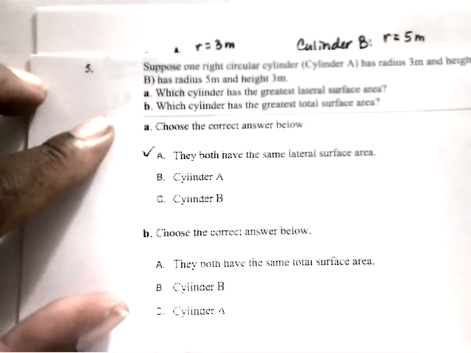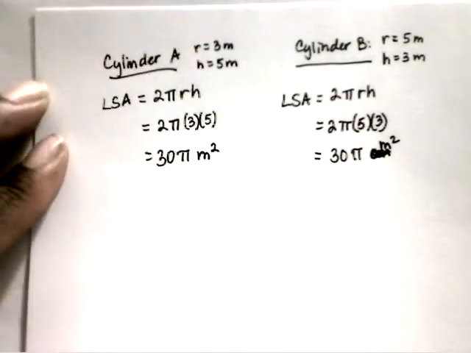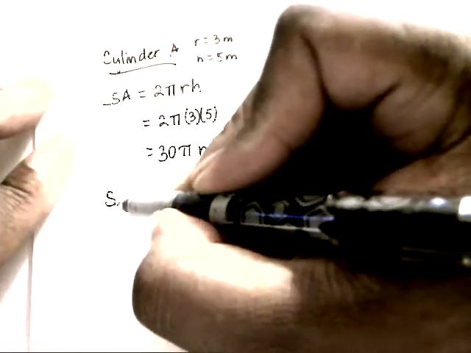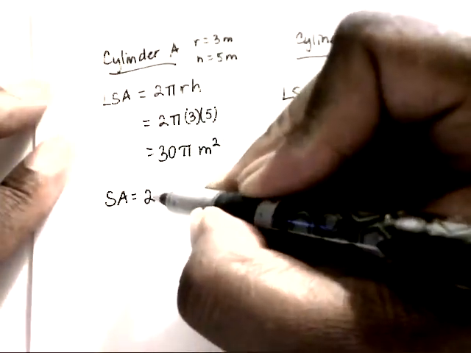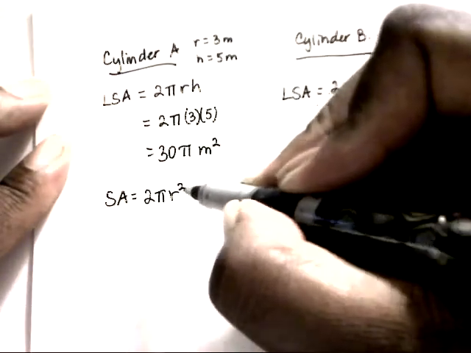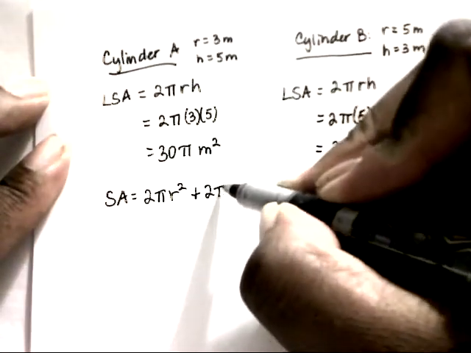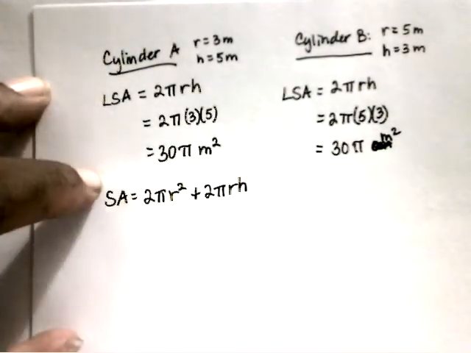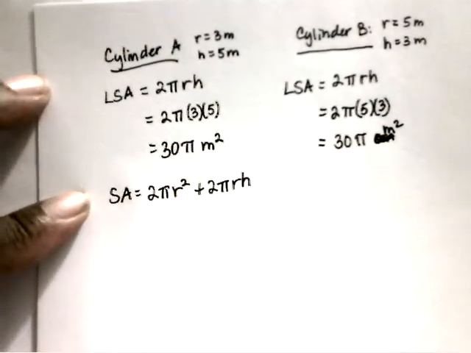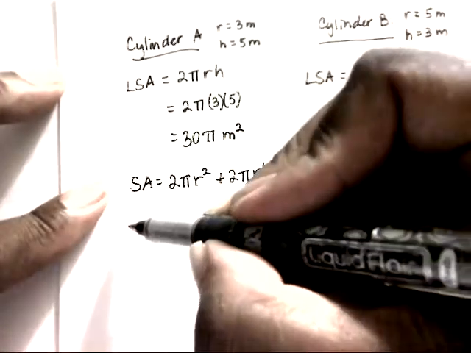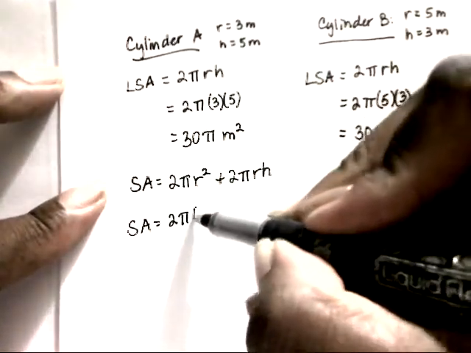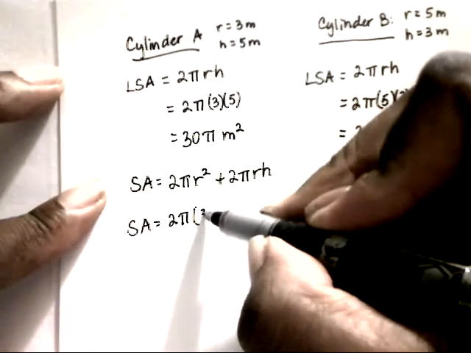Okay, now part B, which cylinder has the greatest total surface area? Okay, so here, the total surface area is 2 pi r squared plus 2 pi rh. Okay, so let's start with cylinder A. Okay, that surface area there, we're going to do 2 pi times the radius, which is 3.